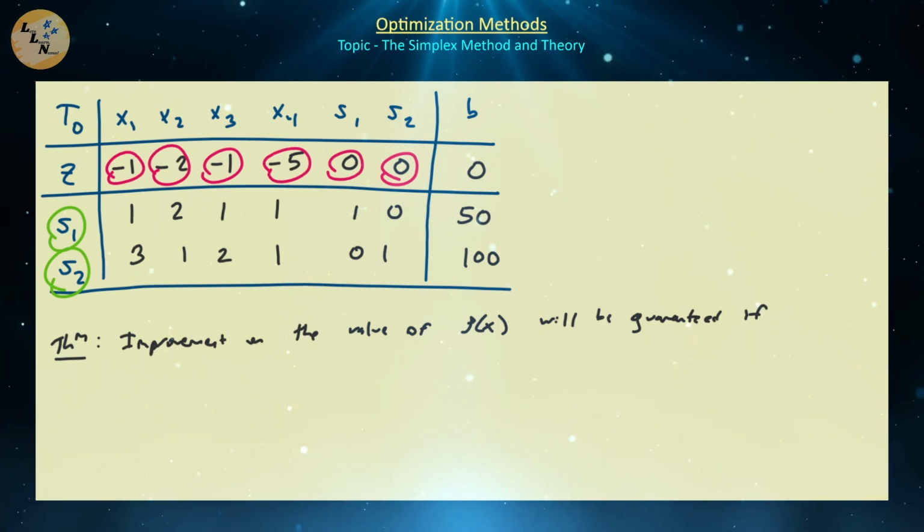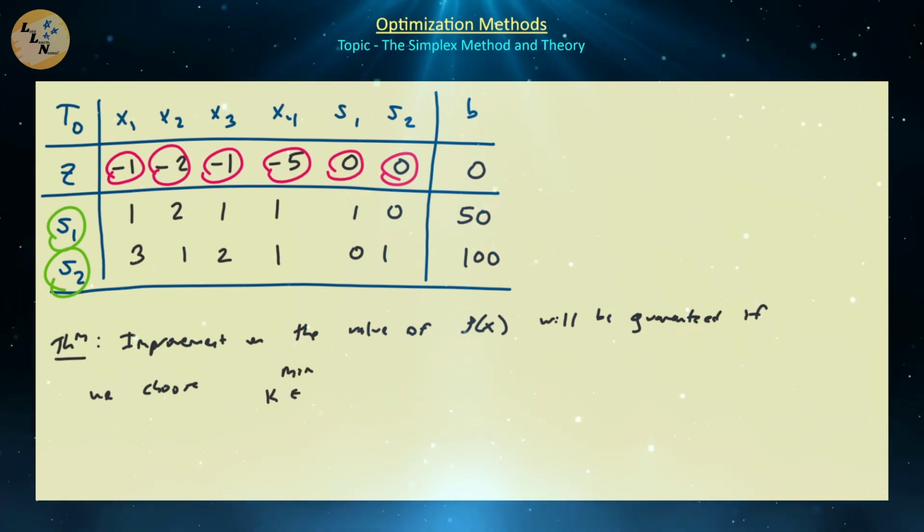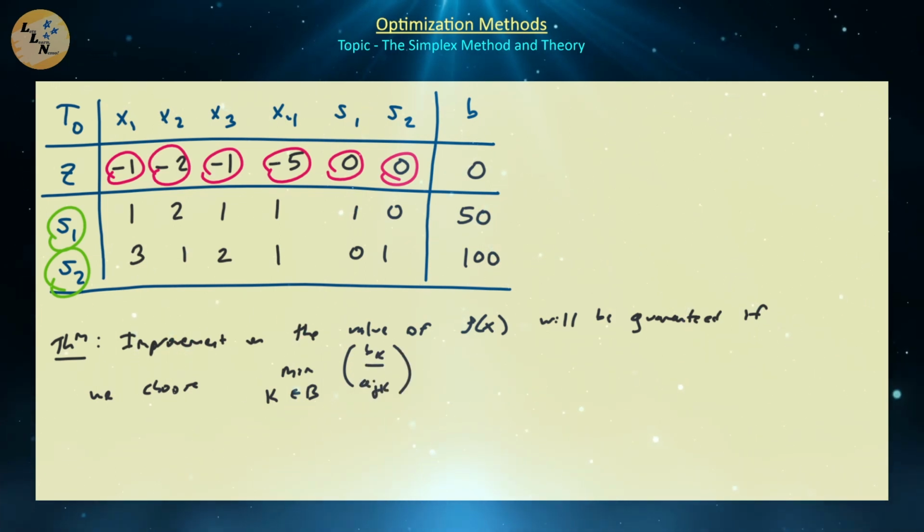If we choose, for example, x1 as our first pivot, it might make our optimization value worse and not closer to the highest value for which this row can be, which of course is equivalent to the minimization value, right? So we can actually guarantee an improvement of the value of f of x if we choose the minimum, where k belongs to, for example, B, of the quotient b_k over a_jk.